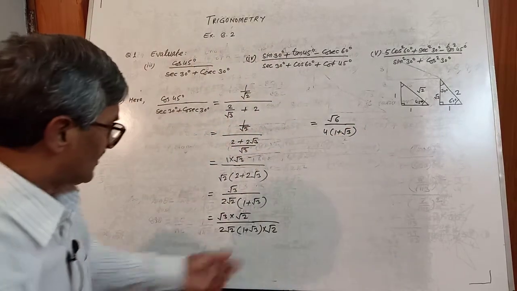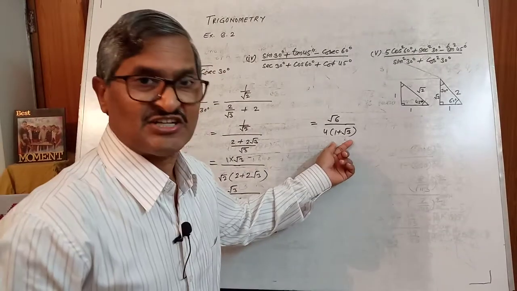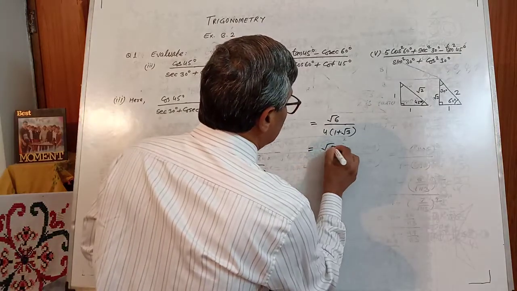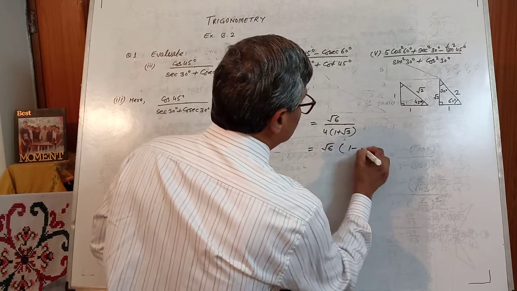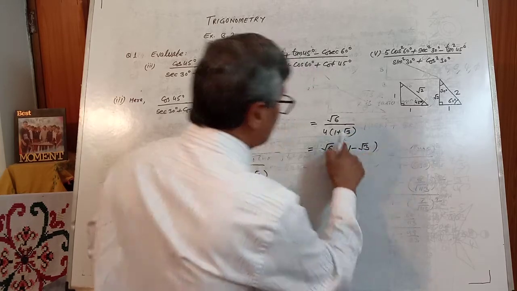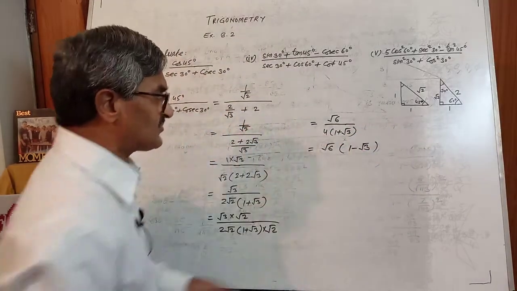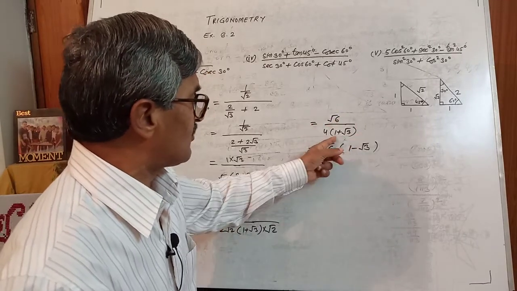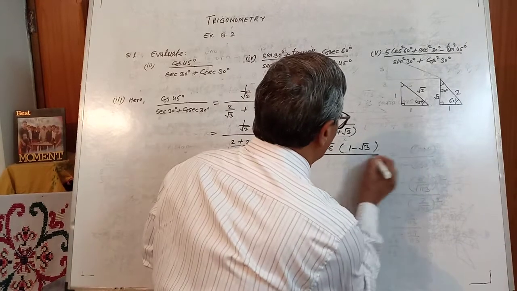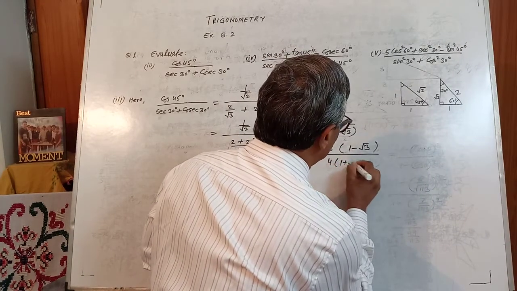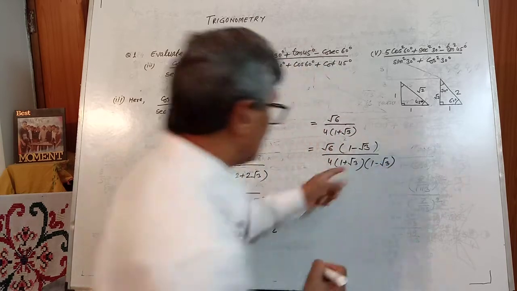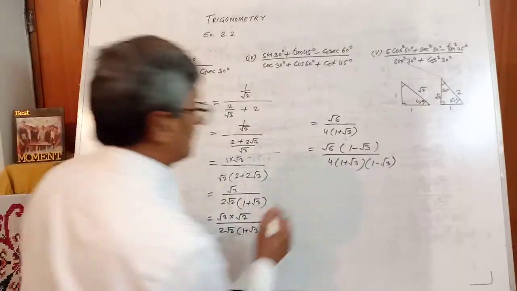Again you see, an irrational number is still there in the denominator. So now you multiply numerator and denominator by 1 minus root 3, since here it is 1 plus root 3. Then the denominator will be rational.